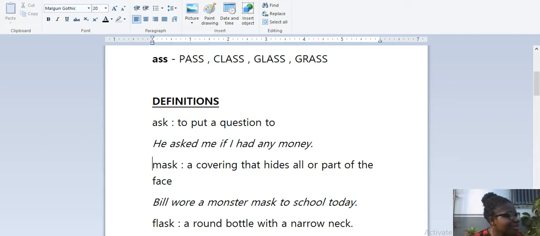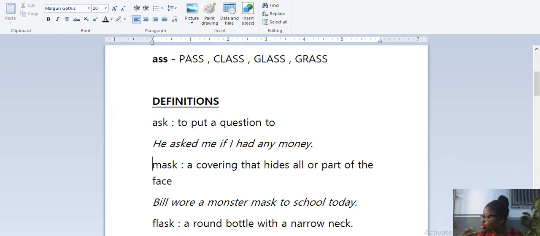It shouldn't just be coronavirus that makes you know that we have masks. Sometimes we wear decorative masks, like at parties. People have party masks that they wear. So please, those of you who think masks didn't exist until COVID-19, sorry, I have to burst your bubble a little bit. But yes, a mask is basically a covering that hides all or part of the face.